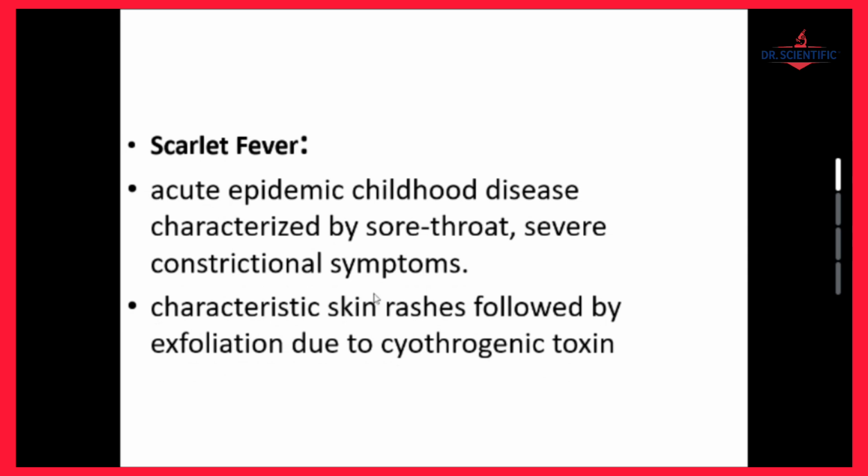It kind of blocks the trachea, and from there it moves to characteristic skin rashes all over the body, which is followed by exfoliation due to erythrogenic toxin. So these Streptococcus pyogenes produce what we call erythrogenic toxin that peels off the body. After the rashes are there, then the body starts peeling off.